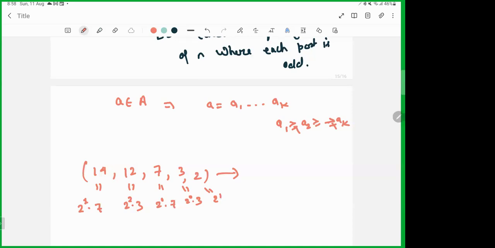So now can you say something? This means 7 plus 7. This means 3 plus 3 plus 3 plus 3. This means just 7. This means just 3. This means 2, so you are done.